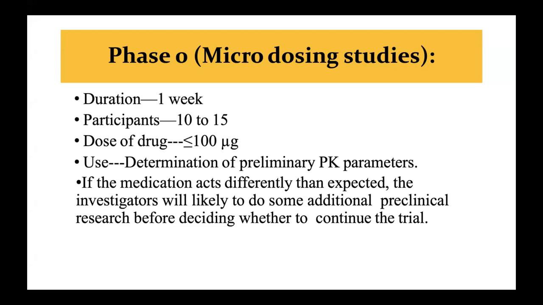What is phase 0? Duration 1 week, just a pilot study, participants 10 to 15, and the drug at a very limited dose. It is for determination of preliminary parameters, and whether the medication acts differently.